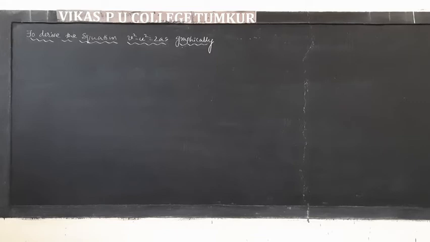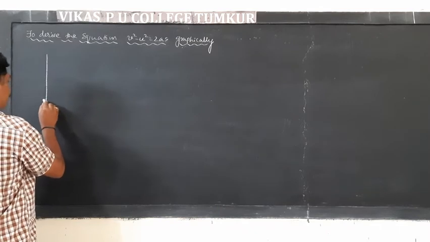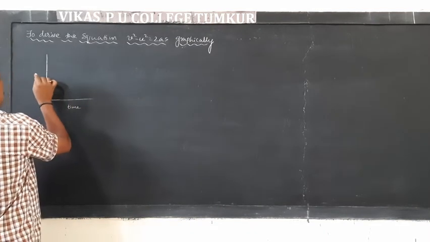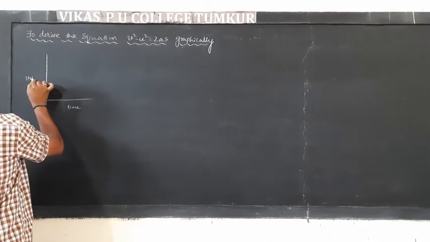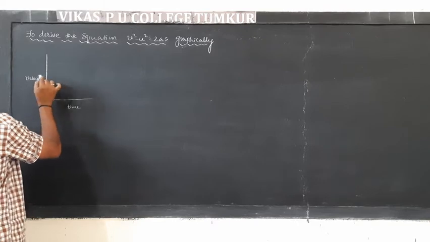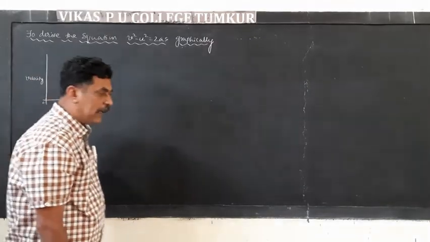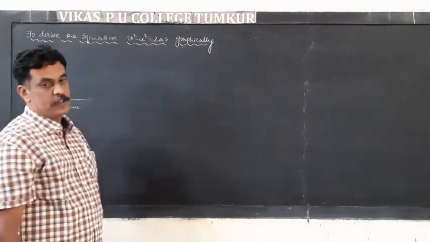Now let us derive the equation v square minus u square is equal to 2as graphically. So let me imagine a body moving with some initial velocity u along a straight line, and it is an accelerated motion. Let us say a is the acceleration of the body.